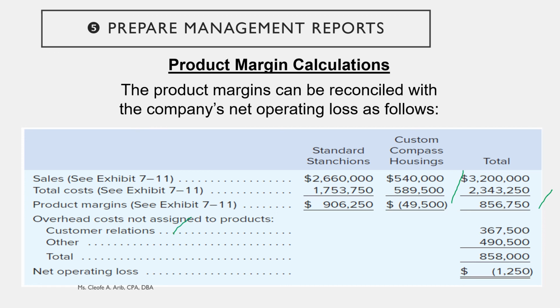Customer relations as well as others. Which column are they in? They are in the total column. Why are they in the total column? Because they are not attributable to any particular product. So now, we are able to reconcile your product margin with the company's net operating loss of how much? 1,250.